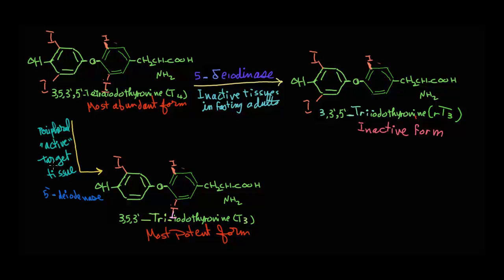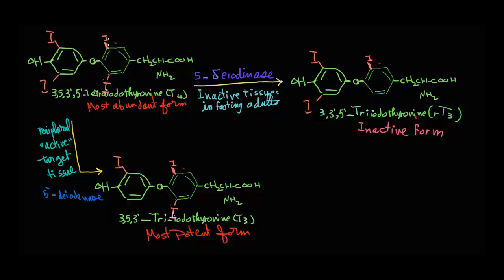In peripheral active target tissues, iodination at 5' position is lost. This reaction is catalyzed by a specific enzyme, and this produces T3, which is the most potent form.